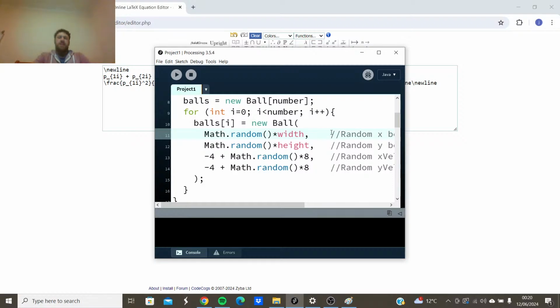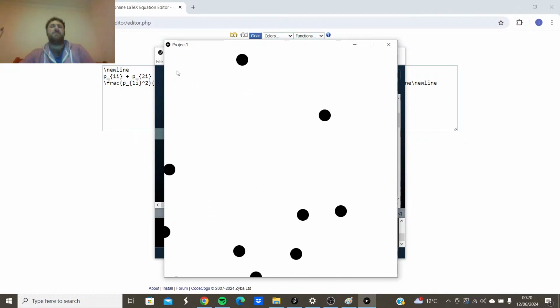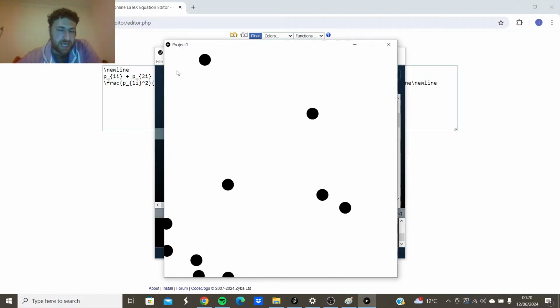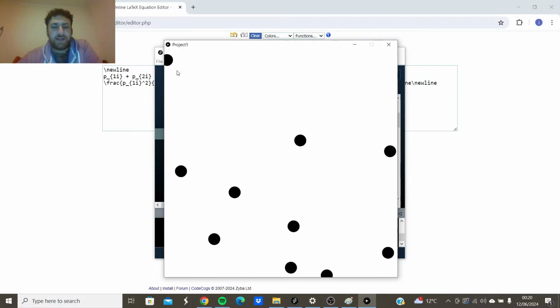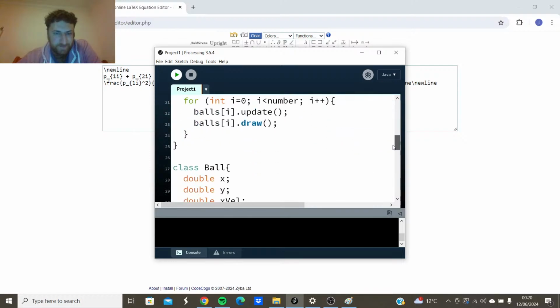Anyway, let's press play and we'll see if that works. All right, awesome. Seems to work. They're not losing energy, they're not sinking through the floor or anything. They are going through the floor a bit, though. So let's fix that.